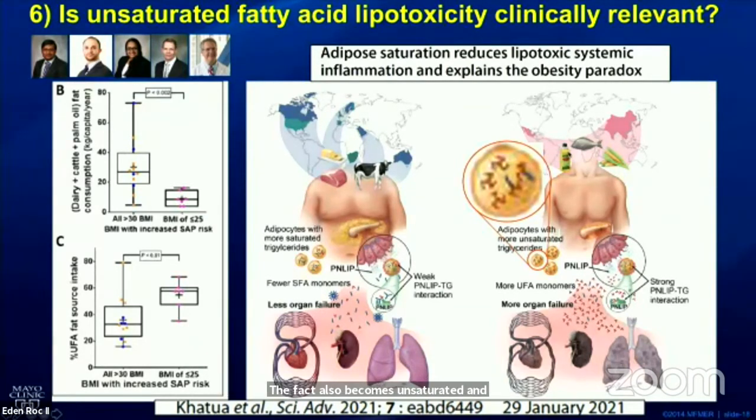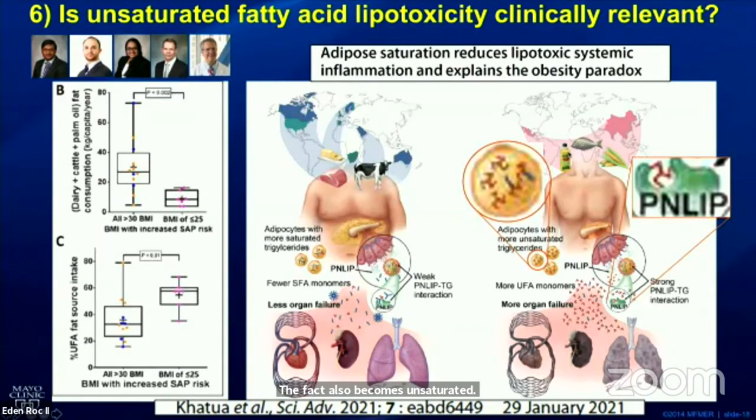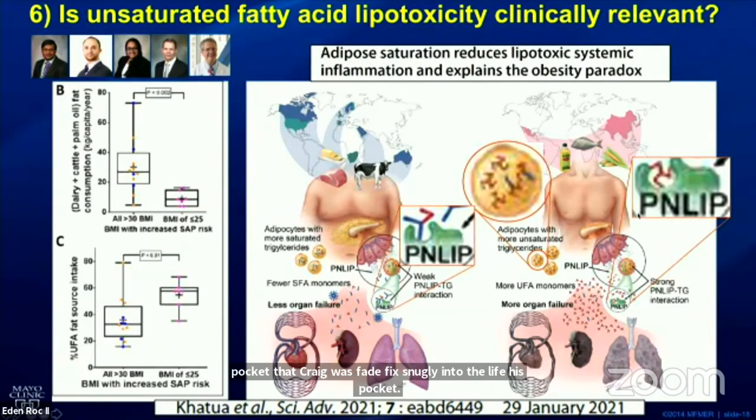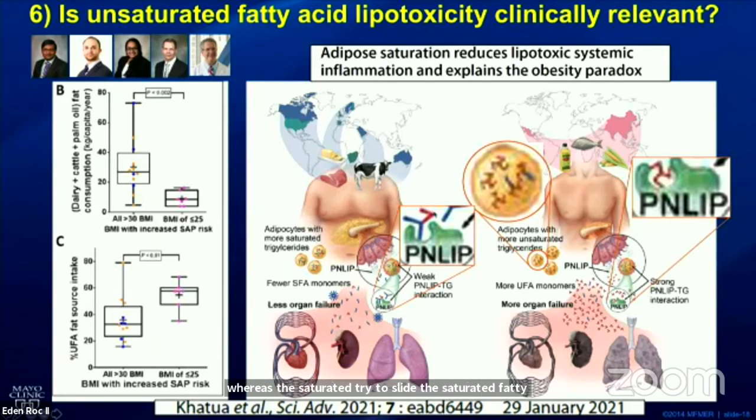And that fat fits much better into the lipase pocket. The triglyceride fits snugly into the lipase pocket, whereas the saturated triglyceride, the saturated fatty acid pushes it out of the lipase pocket, making the lipolysis of the triglyceride less efficient.